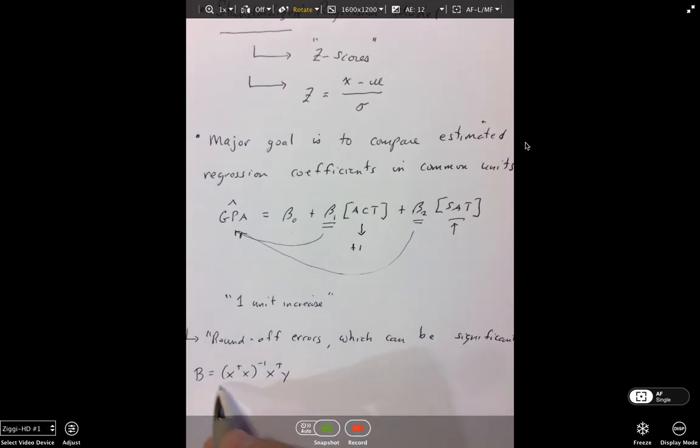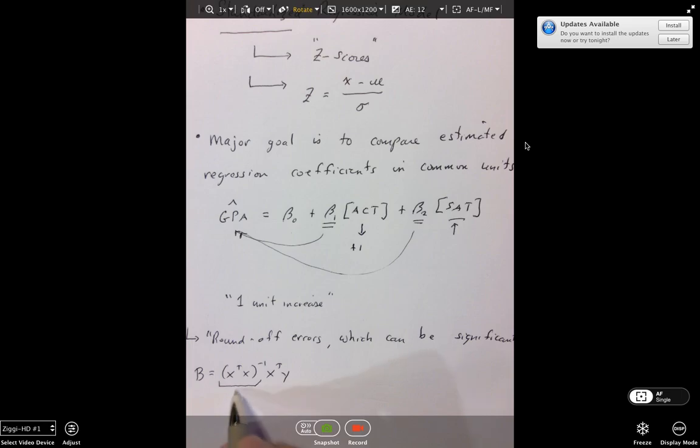Well, if we focus in on this part right here, where we take the inverse, when the elements of this product differ substantially in order of magnitude, then we can get a situation where round-off errors become extremely problematic.